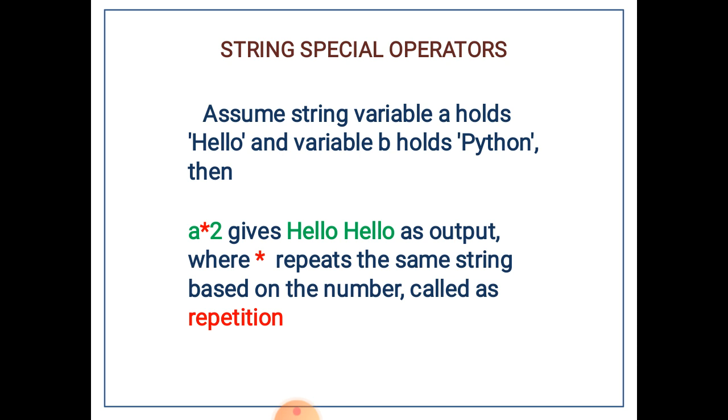The string or the variable given on the left side will be repeated the number of times given on the right side. And this symbol or operator is called the repetition operator.